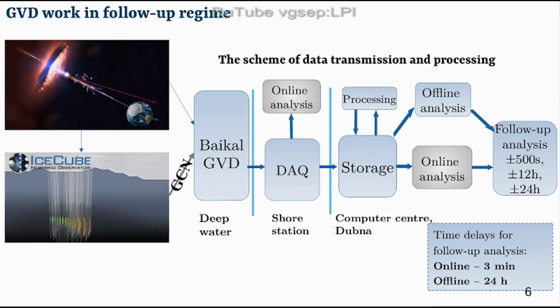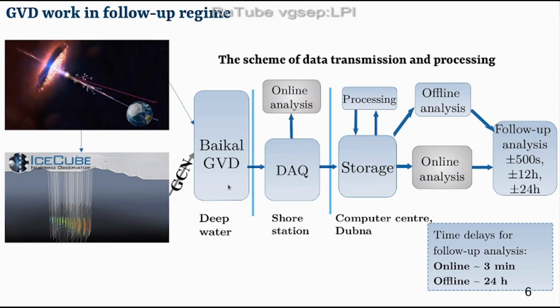Let's imagine that some important event was in the galaxy, and this event was observed by the IceCube Neutrino Observatory. It usually sends the message about important events to the Gamma-ray Coordinates Network. Baikal Gigaton Volume Detector can get this message.